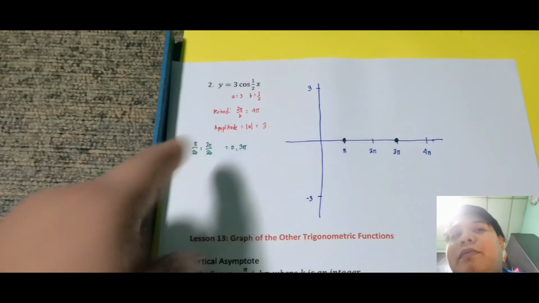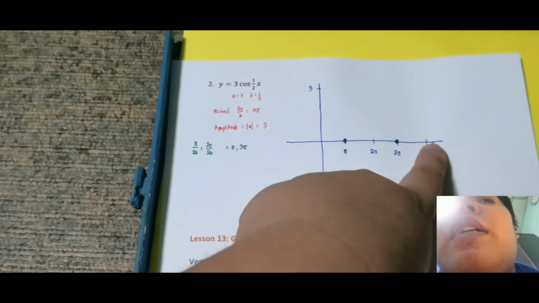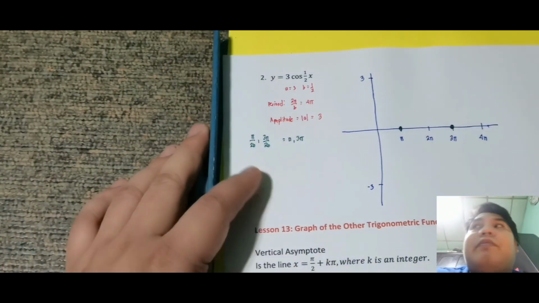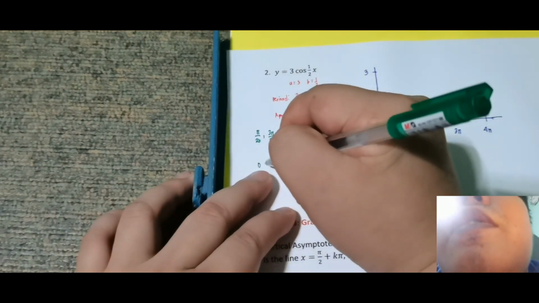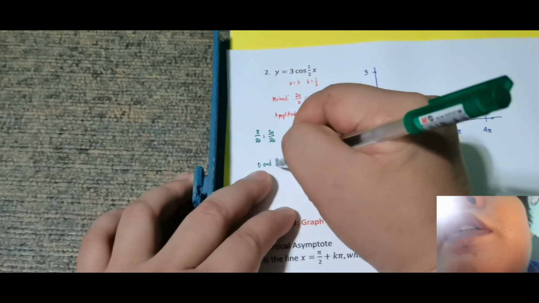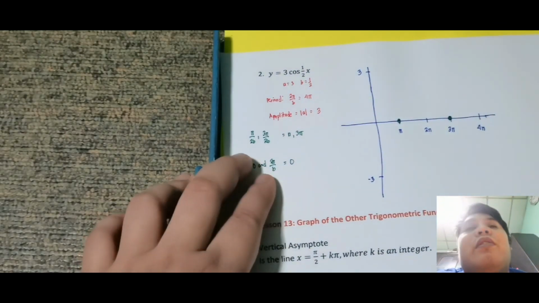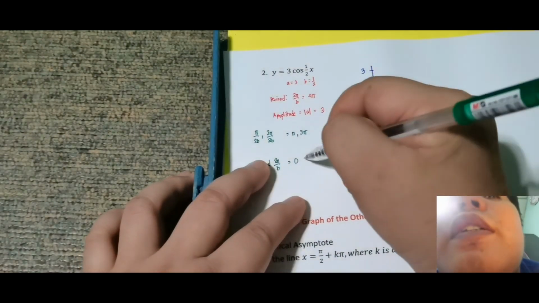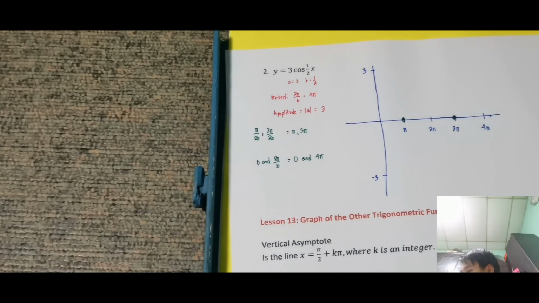So yung 2 pi over b, divide ko to sa 1 half, so that is 4 pi. So 0 and 4 pi. Okay, dun sa dalawang yan, dun na ma-attain yung kanyang maximum value.